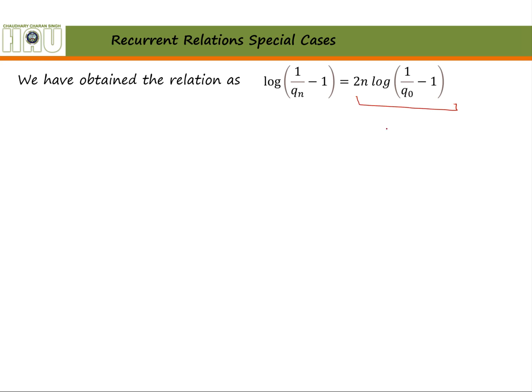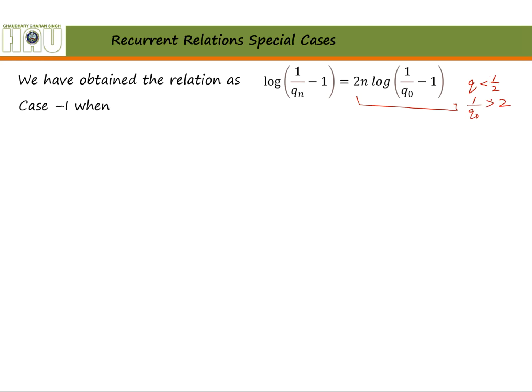First case, when your q is less than half, means the frequency of recessive allele is less than the frequency of dominant allele. So if q is less than half, it means 1/q0 is greater than 2.